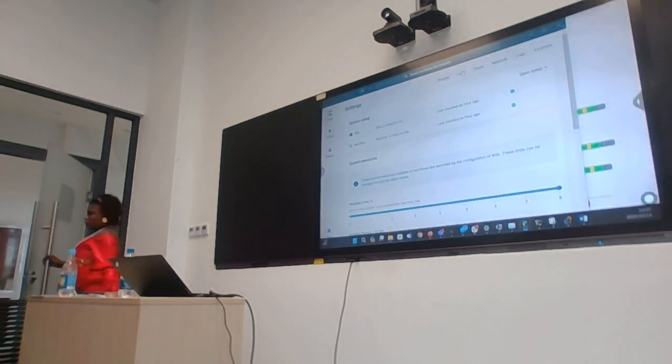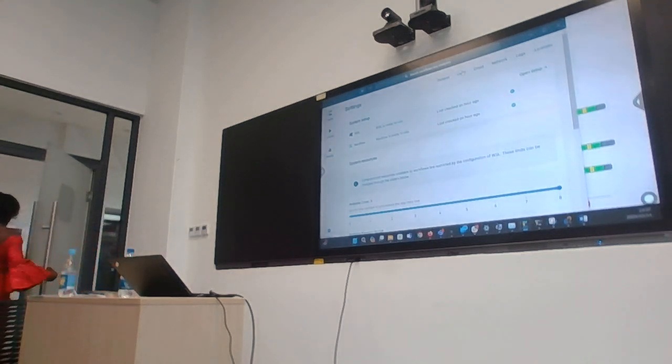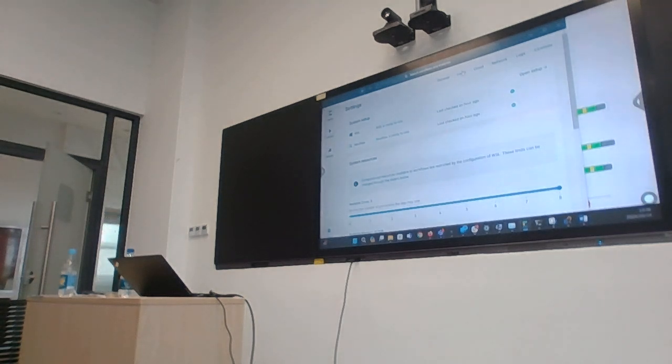Okay, now then restart Windows update. Okay, so yours is... so Docker is not okay, but that's fine.